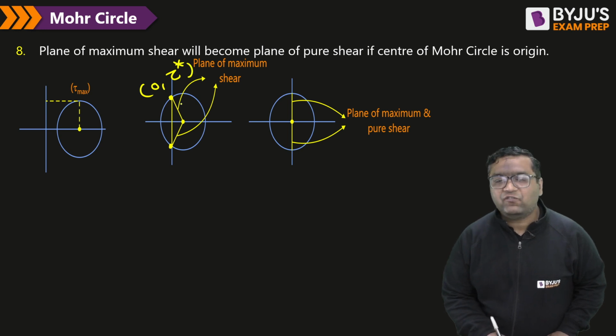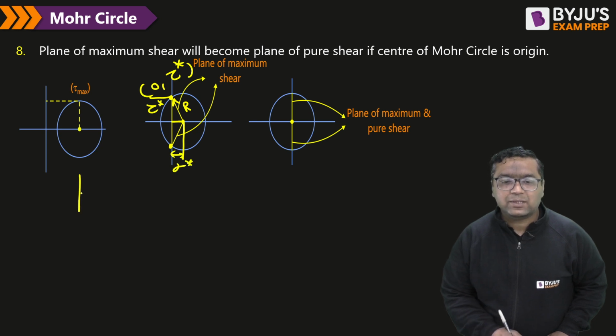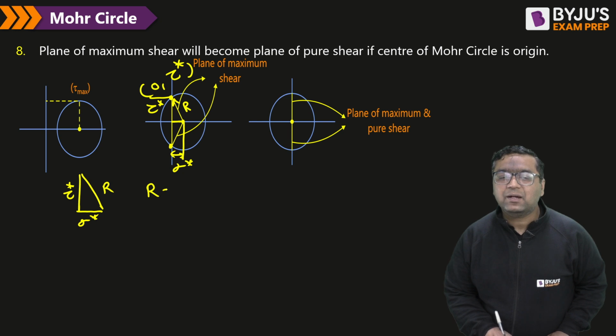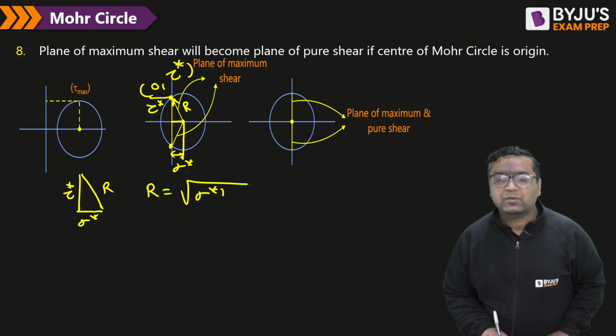So if you want to find out this, you already know this is radius and this value is tau star, and you already know this distance is sigma star. So by Pythagoras, when you know this is tau star, this is sigma star and this is radius, from Pythagoras we can write radius squared equals sigma star squared plus tau star squared.